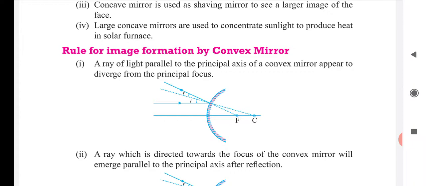So remember the first rule for the convex mirror: a ray passing parallel to the principal axis diverges after reflection, and if the divergent ray is produced backwards, it will always meet at the principal focus.